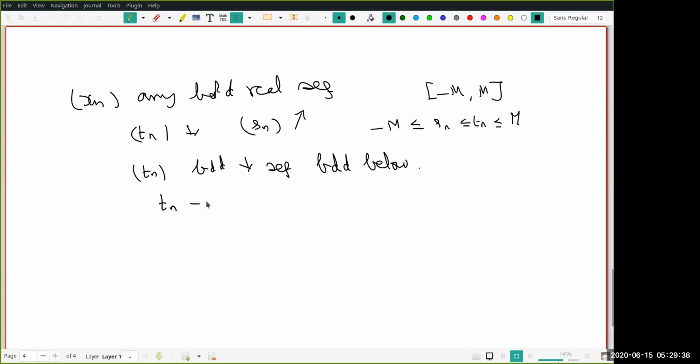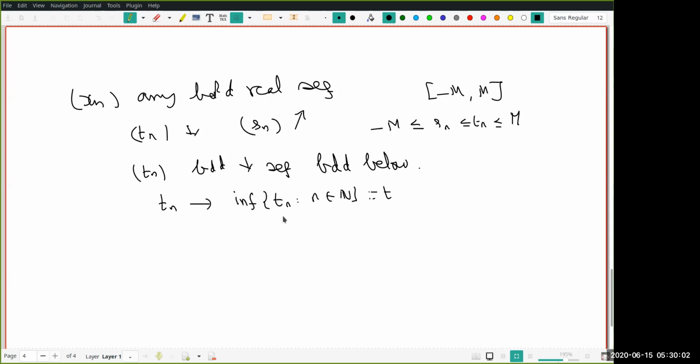We know that Tn converges to the infimum of the Tn's. You form the set consisting of the terms of the sequence. We call this T.